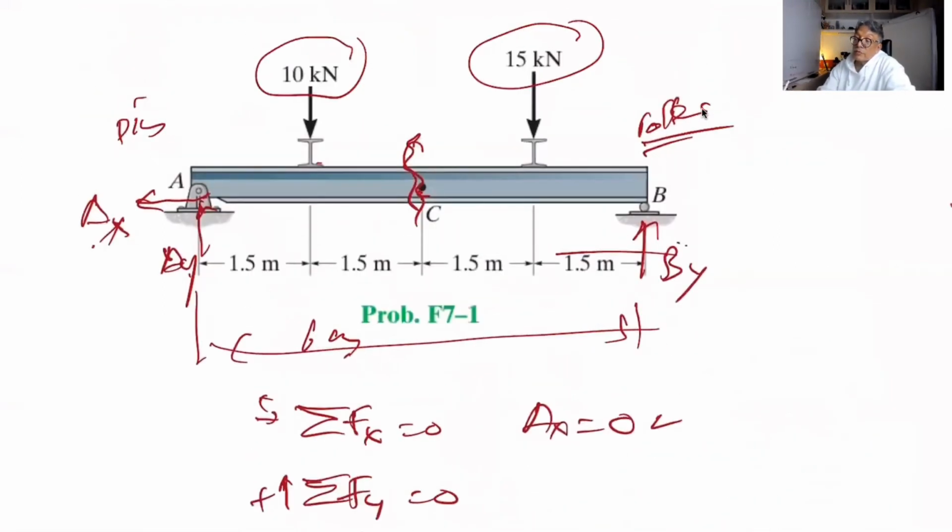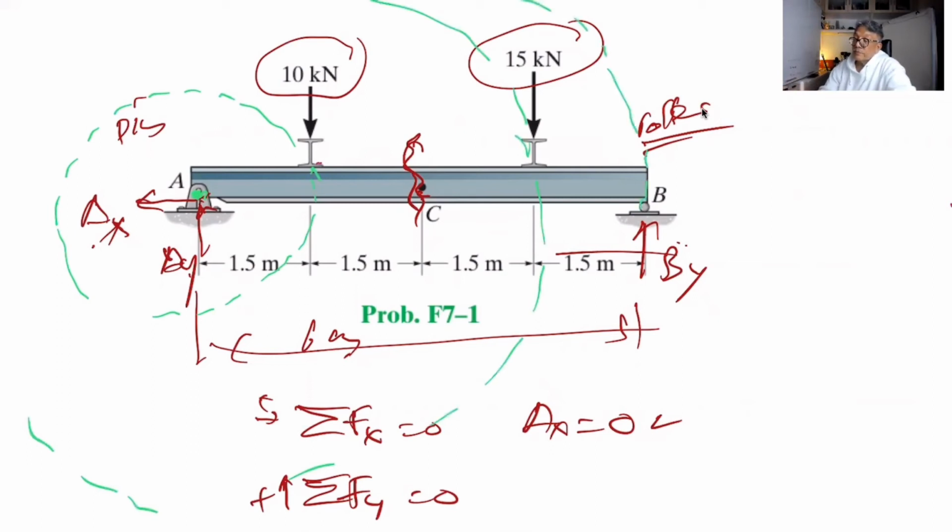So what we have here, due to the 10 kilonewton force here, we have this moment, and from here we have this moment right here, and then this moment right there. Counterclockwise direction is plus and clockwise is negative.